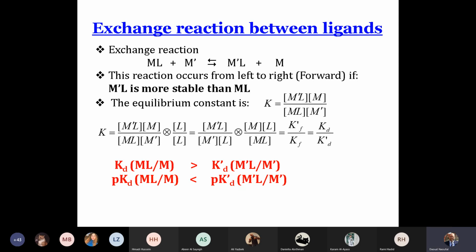Base plus base, no reaction. Acid plus base, necessarily we have a reaction. But this reaction may be limited, may be advanced, may be quantitative, and may be complete. It depends on K of the reaction.